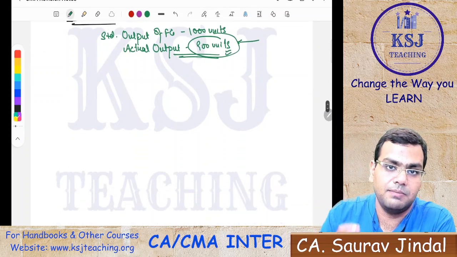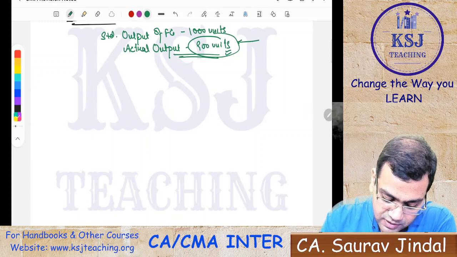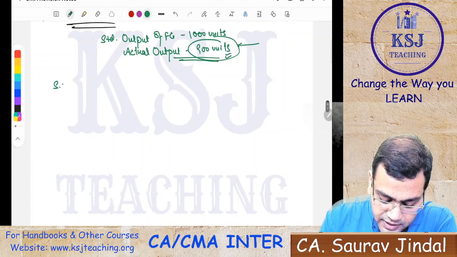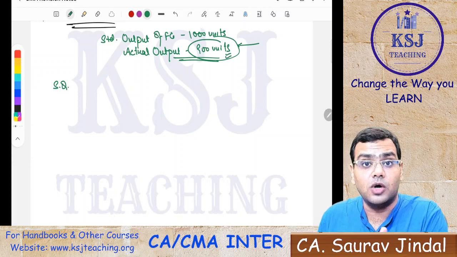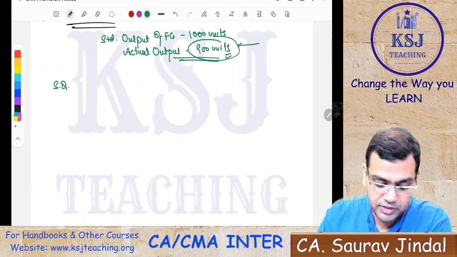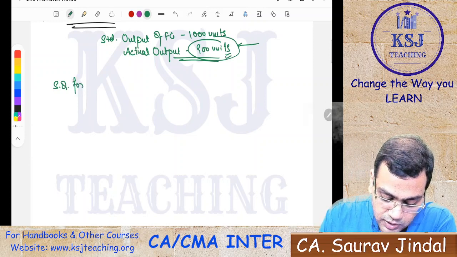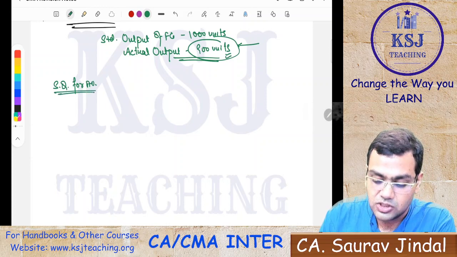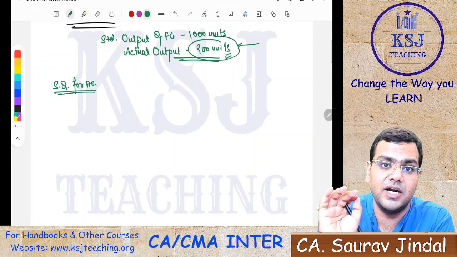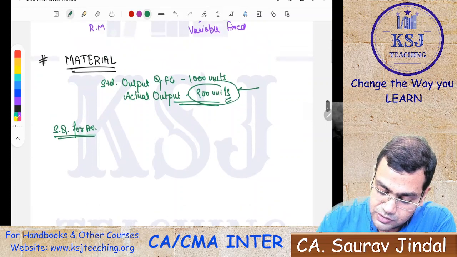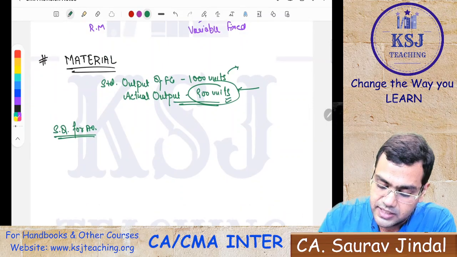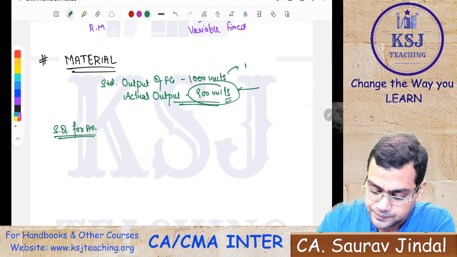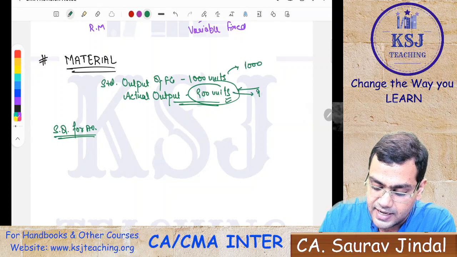That is why when we are preparing the table, the first thing that we calculate is standard quantity. Standard quantity means how much quantity of the raw material should have been consumed for actual output, that is for 900 units, right? If for 1000 units you have thought that the raw material consumption will be, let's say, 1000, for 900 units it will be 900.